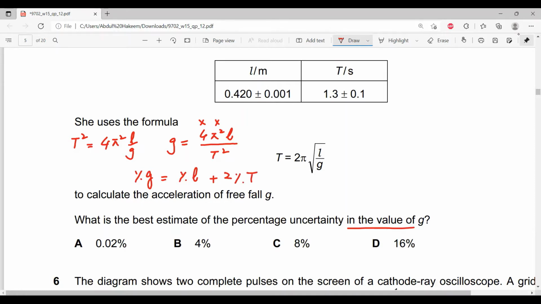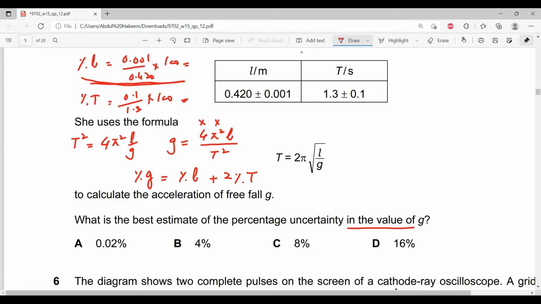Now calculate the percentage of both. The percentage of length is its error 0.001 divided by 0.420 times 100, and the percentage of T is 0.1 divided by 1.3 times 100. Now calculate these two and put them here. 0.001 multiplied by 100 divided by 0.42, and then 0.1 times 100 divided by 1.3.